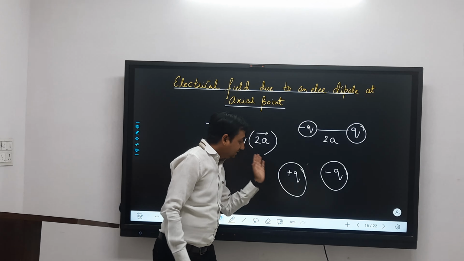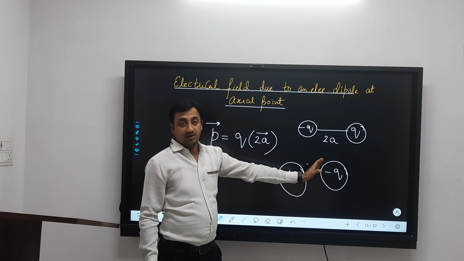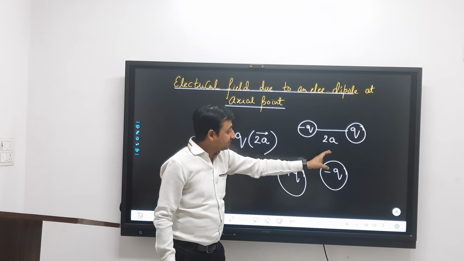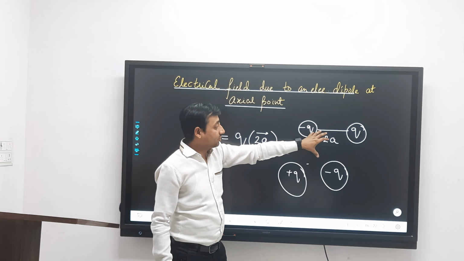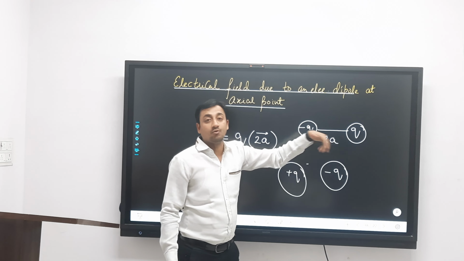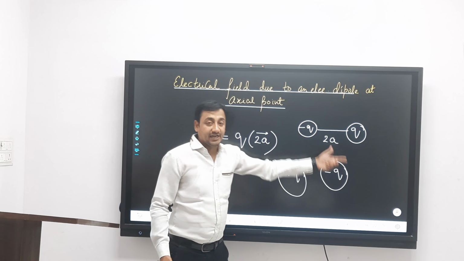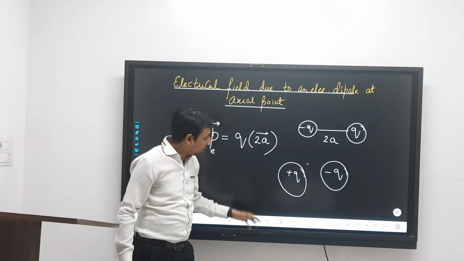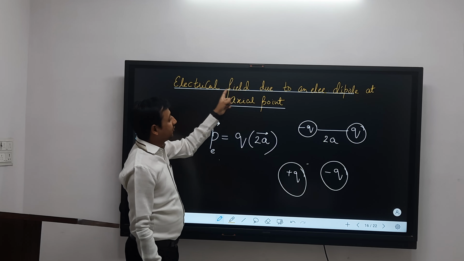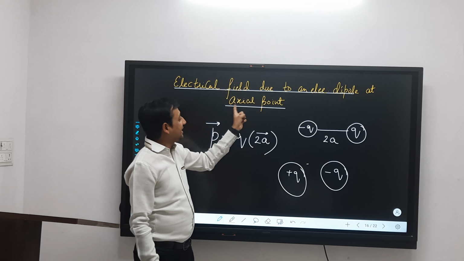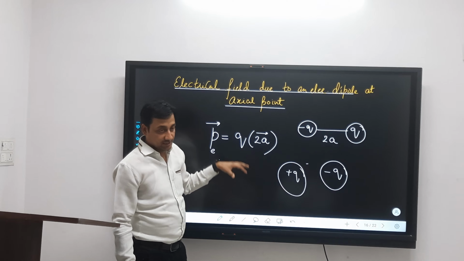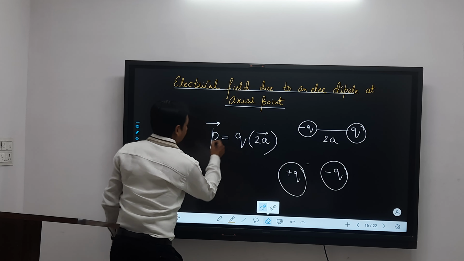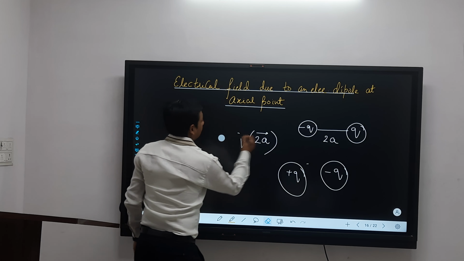So if there are two charges placed some distance apart, in total, what will the net electrical field be, in which direction, and of which magnitude? So we will derive the electrical field due to an electrical dipole at an axial point. Let's start with that.